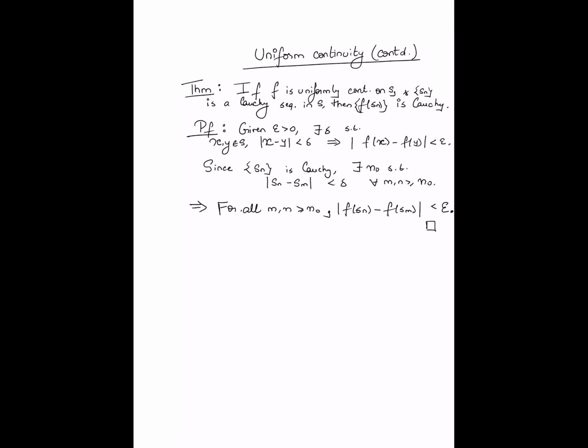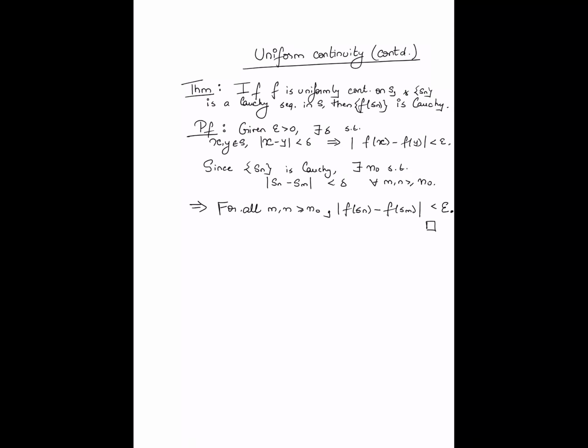And that completes the argument, because that's exactly what it means to say that the f of Sn sequence is Cauchy. Given an epsilon, you should be able to give me a certain threshold, in this case n naught, such that any two elements of the sequence beyond n naught are close. And you are able to show this by arguing that beyond this n naught, any two elements of the Sn sequence are at most delta apart.